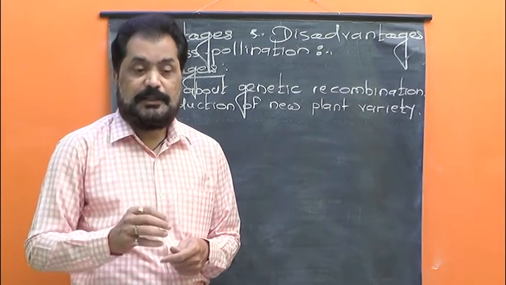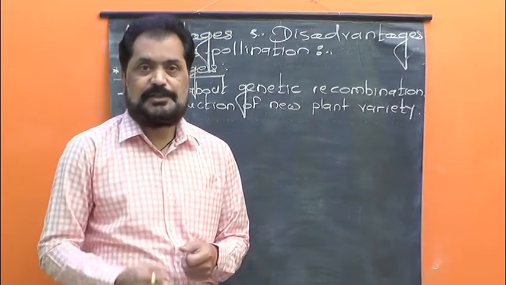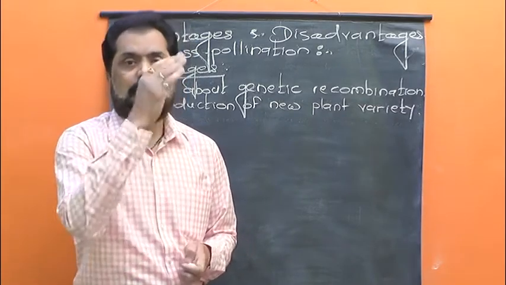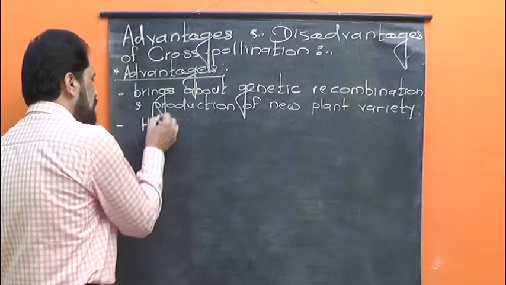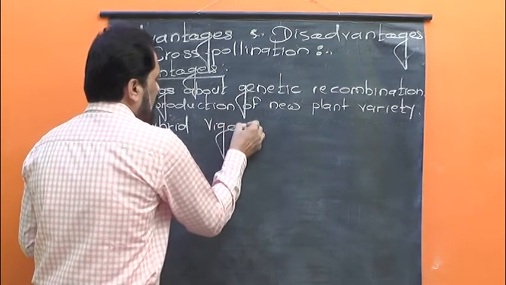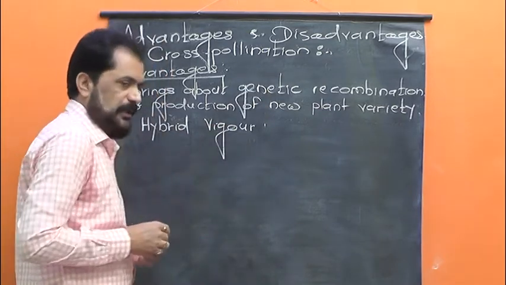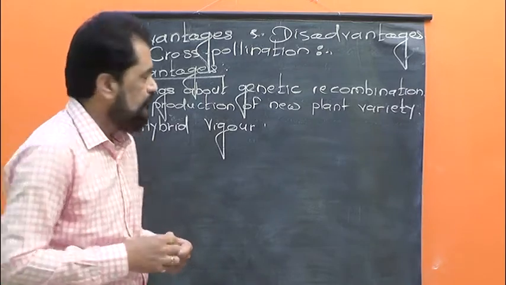In short, that hybrid plant variety appears more vigorous, more strong than both of the parent plants, and I said this phenomenon is known as the hybrid vigor. Hybrid vigor. So cross pollination brings about hybrid vigor in new plants.